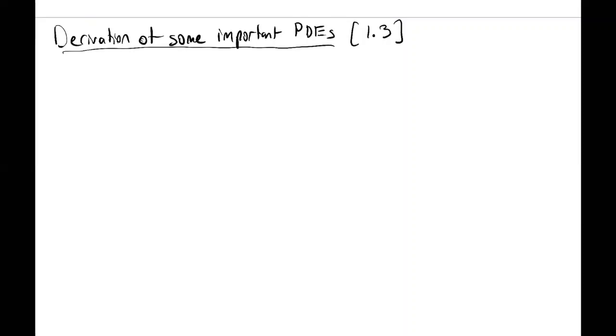I also want to point out that we're first going to study the transport equation, then the wave equation, and talk about how to derive these from physical principles. Then we're going to talk about the diffusion equation, again how to derive it from physical principles.